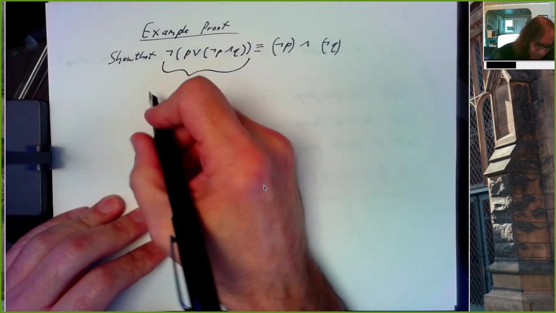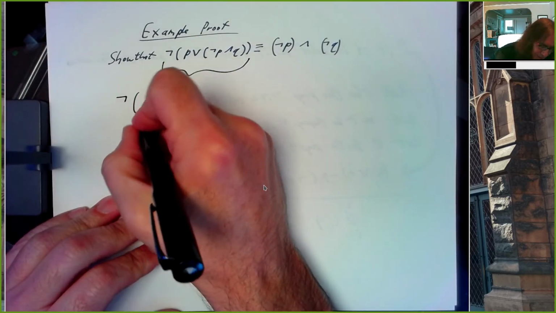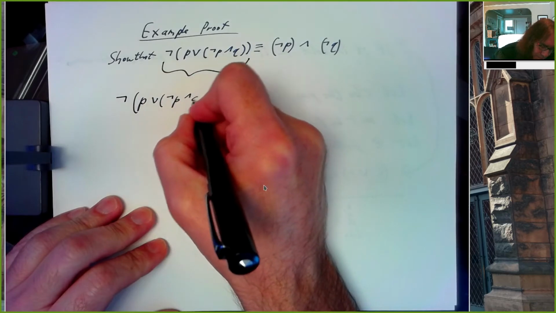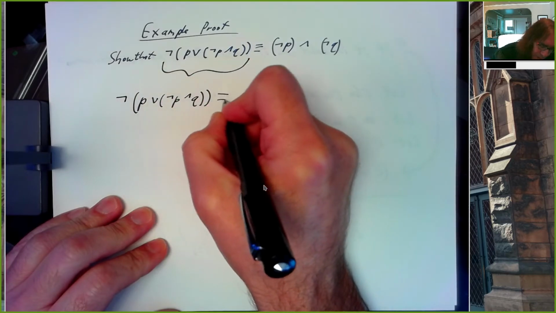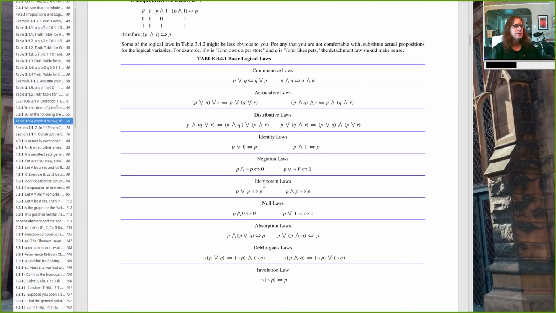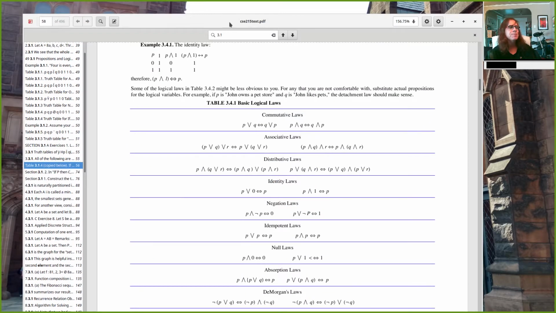All right, and I'm going to write this out pretty longhand to begin with. And I want to show that this is equivalent to something using one of these rules. Now, I'm not going to skip steps, right? I'm going to try to do this by doing one thing at a time.